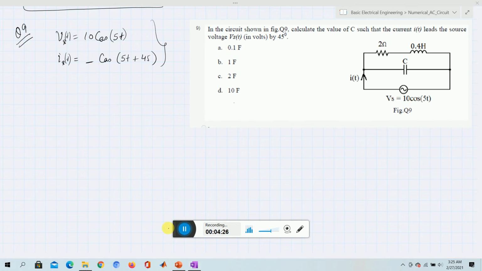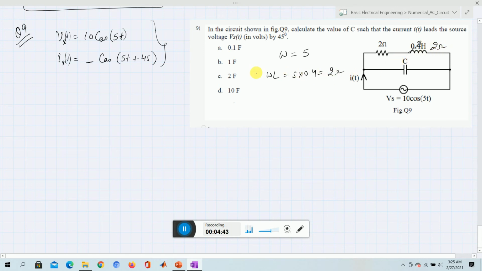Here one thing to be noted is that the omega value is 5. So omega into L, that is 5 into 0.4, is 2 ohms. From this relation of Vs and Is, we can write, let us say, Z1 is equal to Z, the ratio of 10 and the Im value.